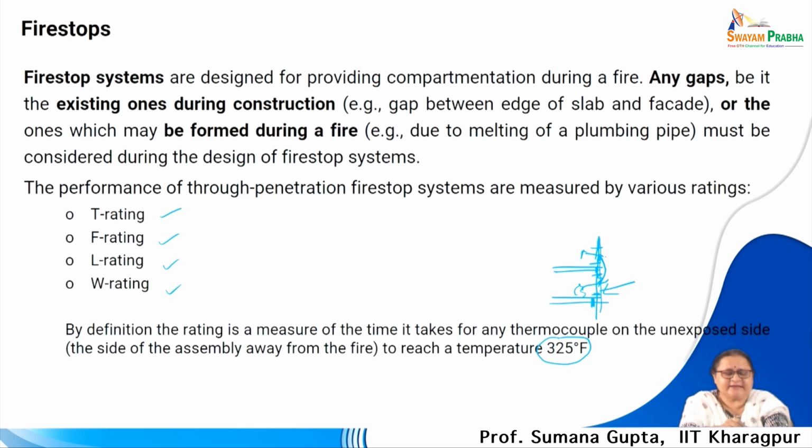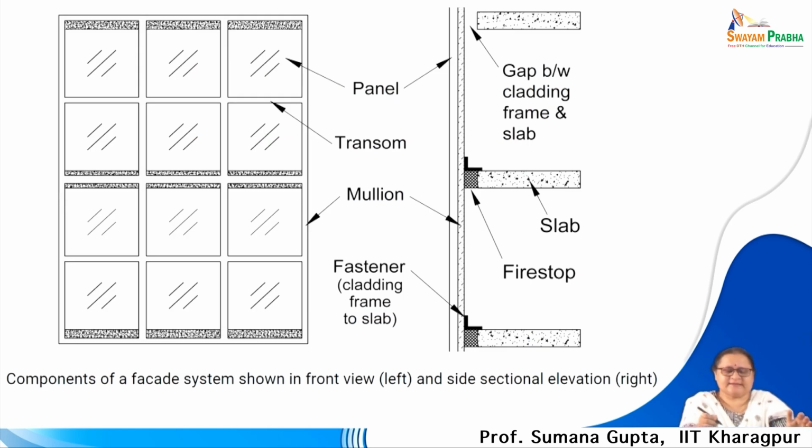So, such ratings are also there for materials. So, how do we measure that material? Through its rating. What kind of fire stop are you using? The technical term is its rating, and rating is actually how the thermocouple should behave, meaning after what time the unexposed side should reach that particular temperature. So, with this you can see these are the fire stops and the gaps are to be plugged.